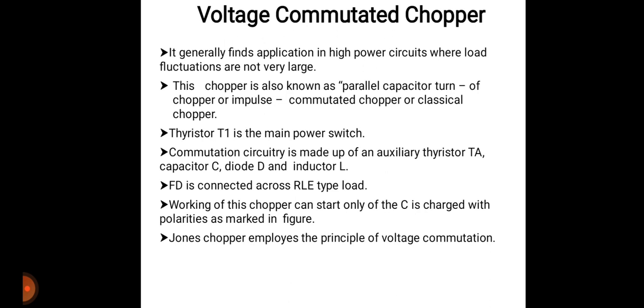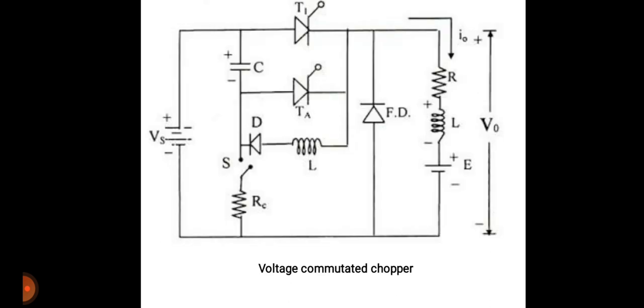In this diagram, thyristor T1 is the main power switch. Commutation circuitry for this type of chopper is made up of an auxiliary thyristor. Working of this chopper can start only if the capacitor C is charged with polarities as marked.